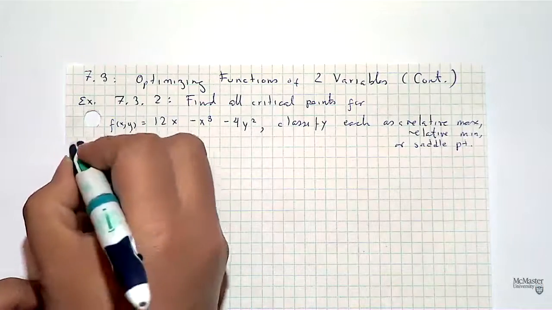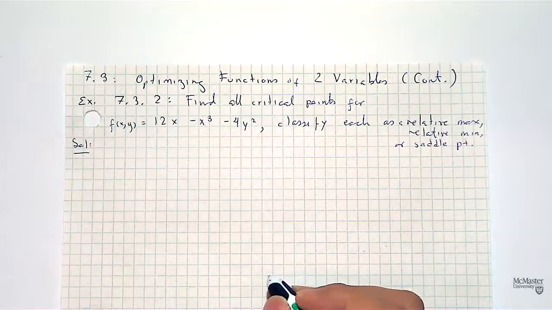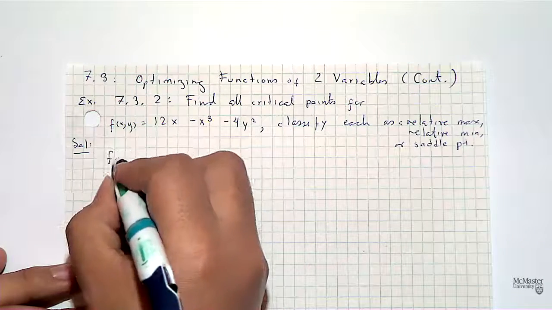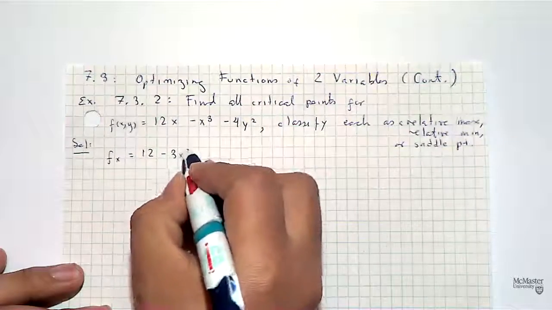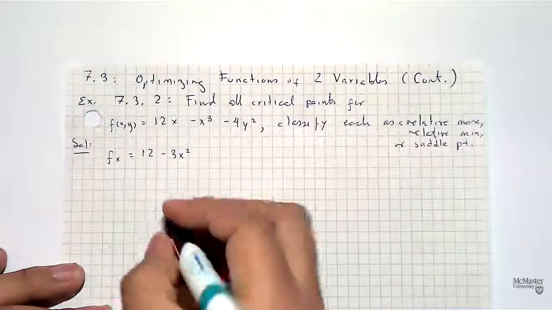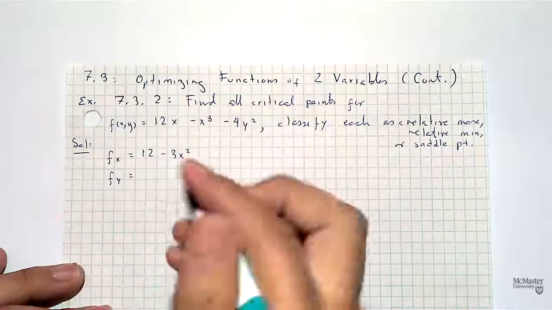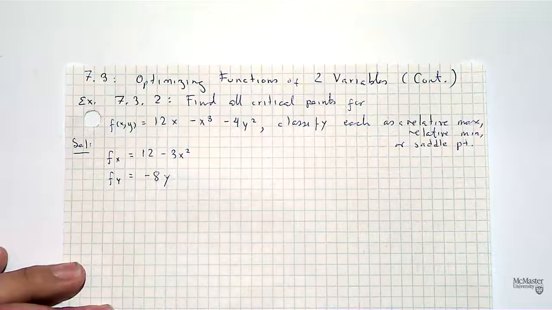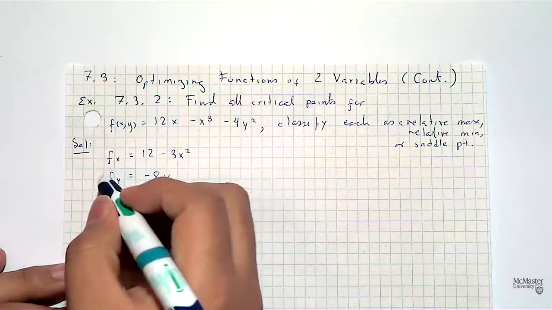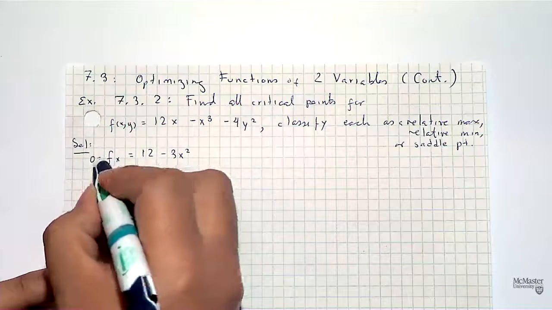So, in order to find the critical points, we need to find the partial derivatives. f sub x, in this case, is 12 minus 3x squared. Then f sub y: these two terms depend on x, so you ignore them, then you have minus 8y. For the critical points, the partial derivatives fx and fy are 0.